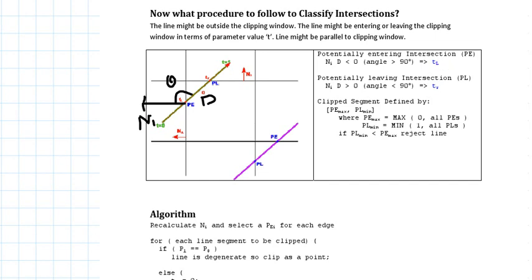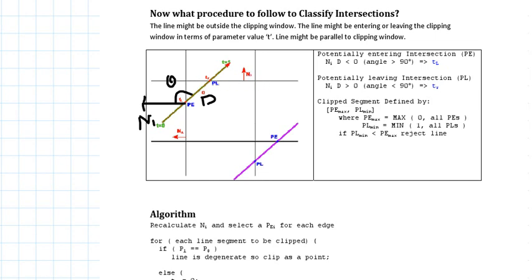Okay, again, if you look into this example itself, the line is actually leaving the clipping window with respect to this top edge.